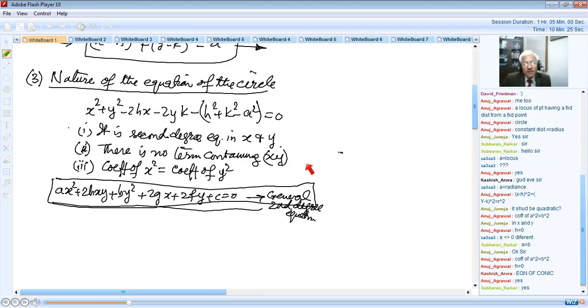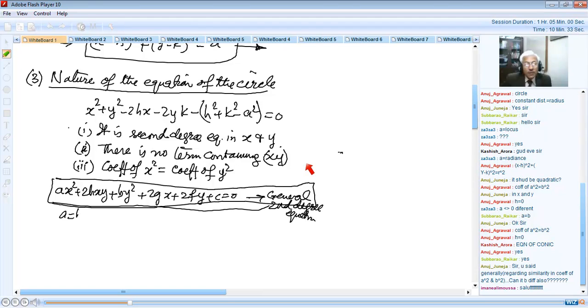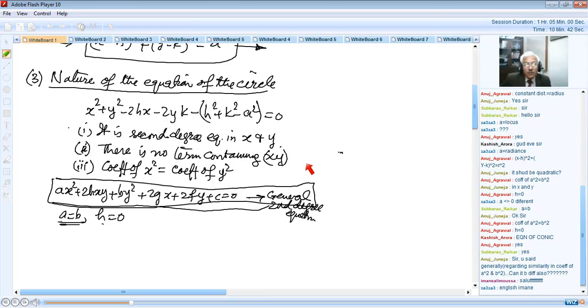But it can represent a circle only if a is equal to b and h is equal to 0. Then it will represent a circle.